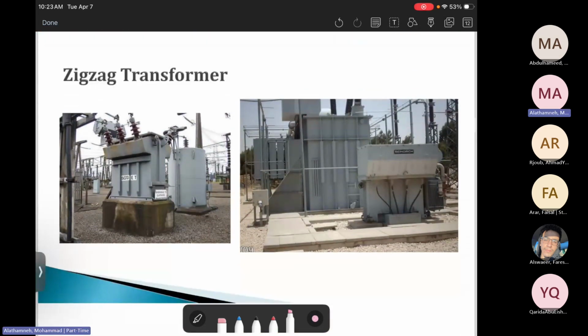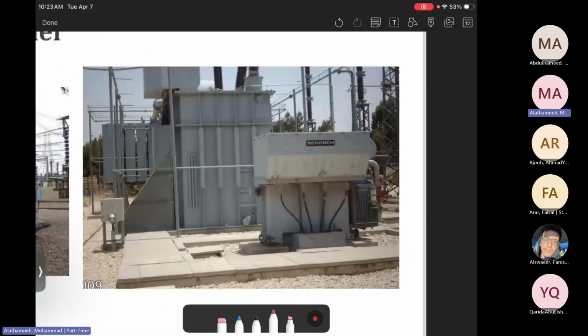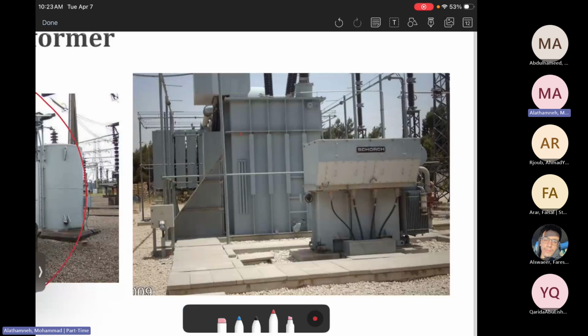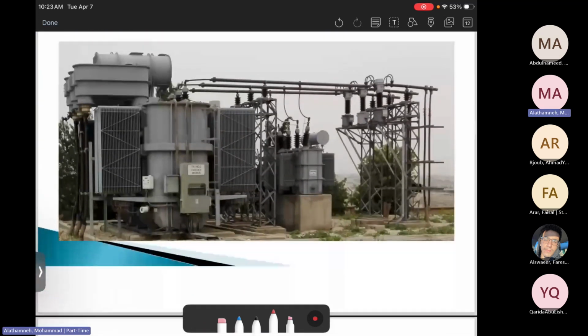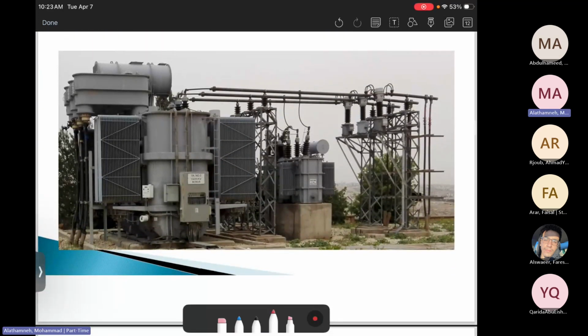This is how the zigzag transformer looks like in real life. You see it's a small transformer which will be very close to the power transformer. Here's another picture. This is the power transformer. This is the zigzag transformer, a small one. Here is another clear image from North Amman substation as well.